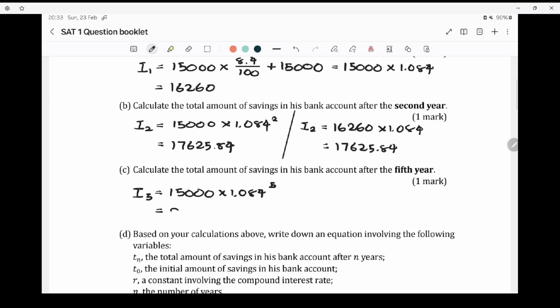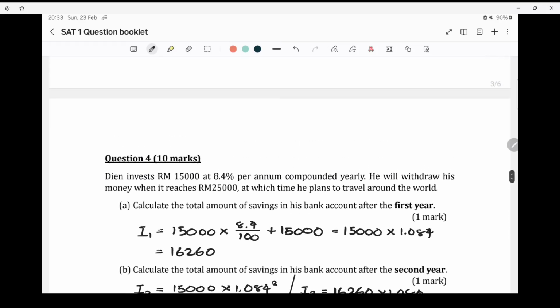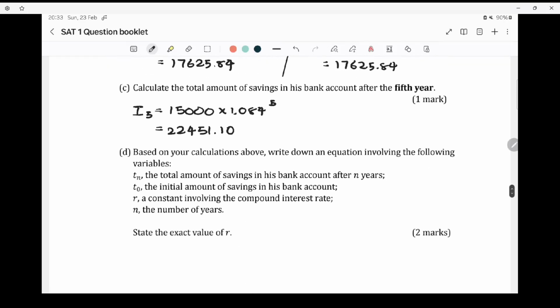So that will be 2245.10. So it is quite close to 25000 at this point.